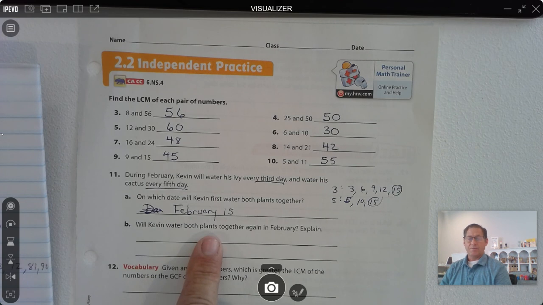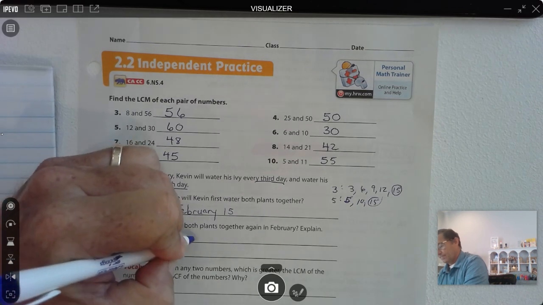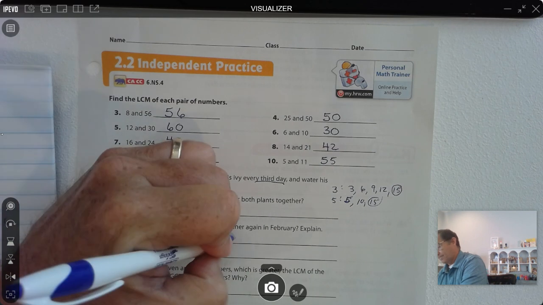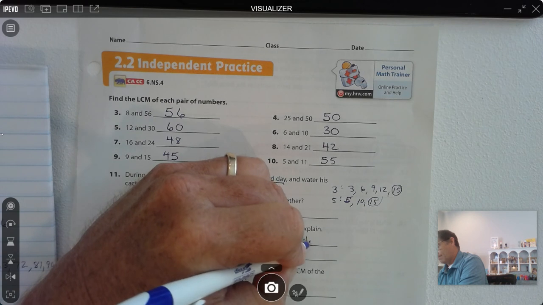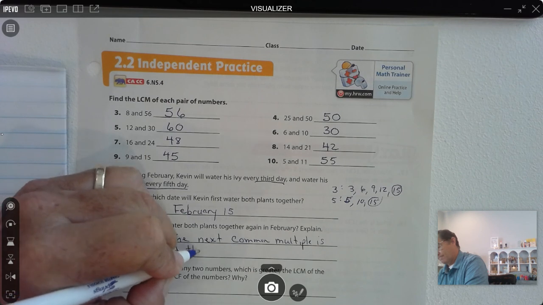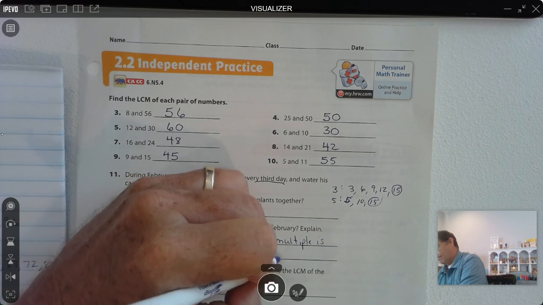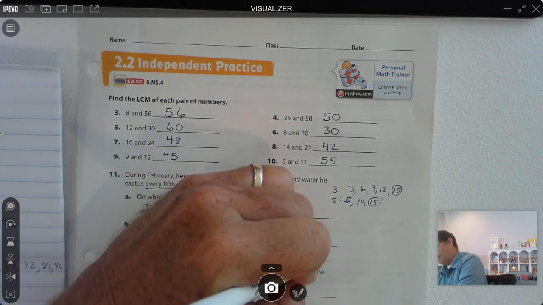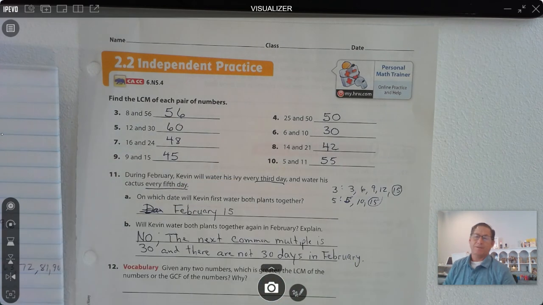Well, he's not going to water the plants again then in February. Okay, and because we're talking about February, we know that there's not 30 days in February.